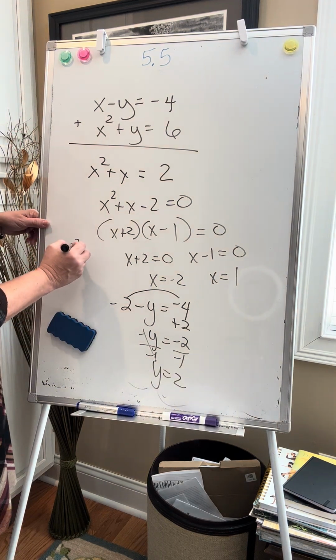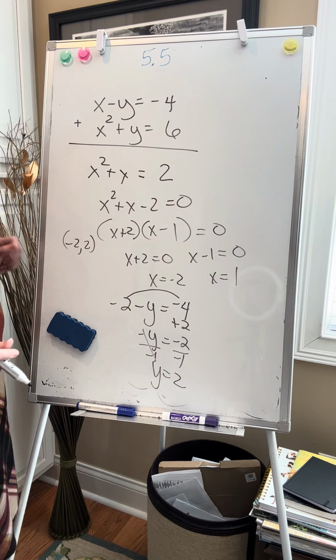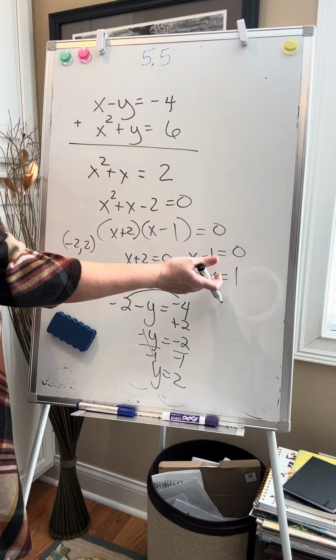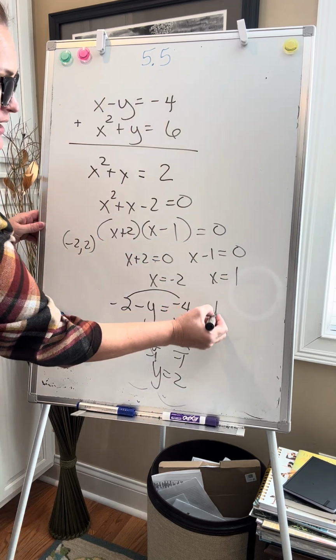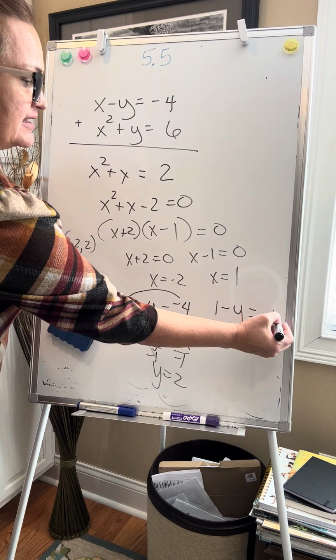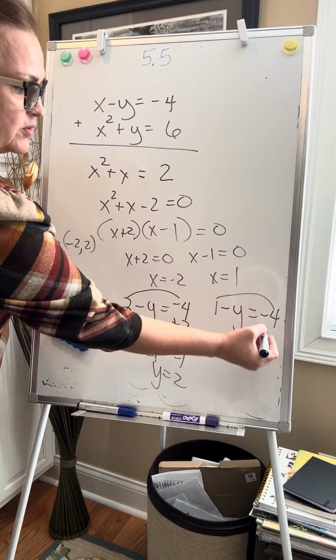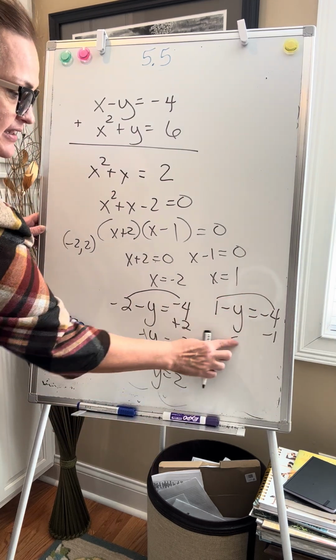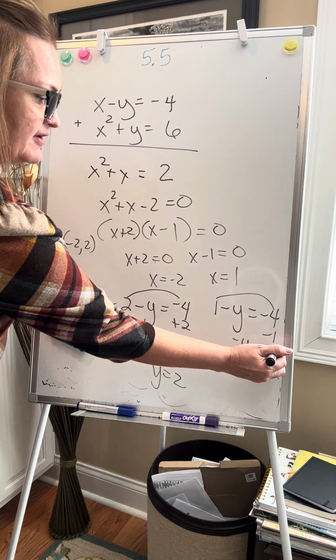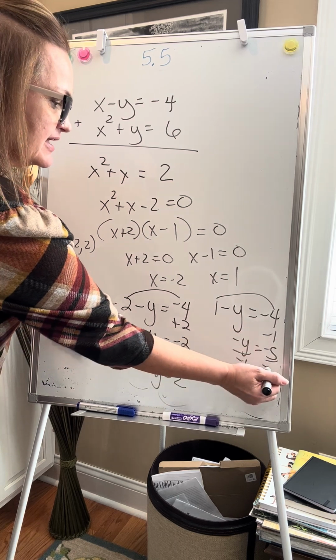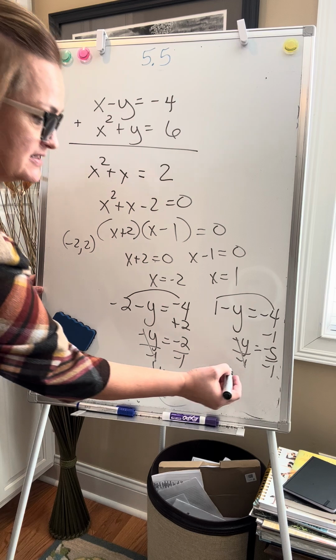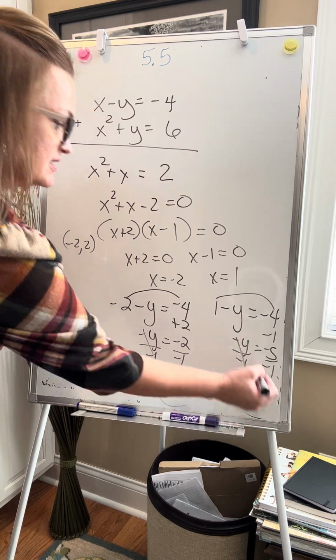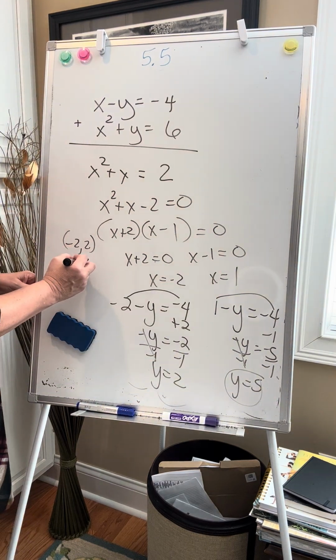So when x is negative 2, y is positive 2. For the other one, I'm plugging in x is 1. 1 minus what is negative 4. Throw the 1 across the line. Negative y equals negative 5. Divide both sides by negative 1. y is 5. So when x is 1, y is 5.